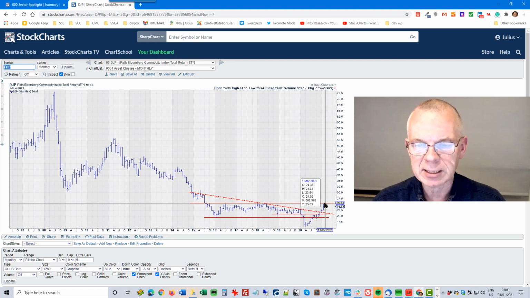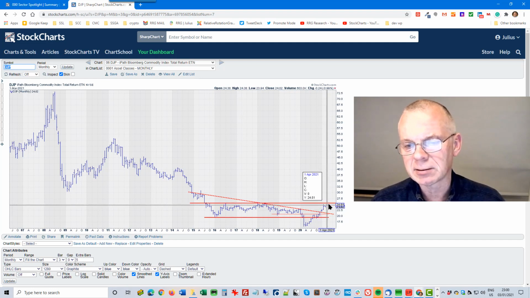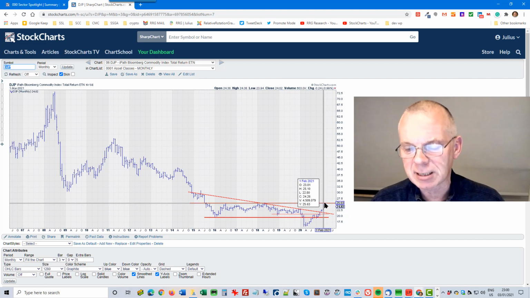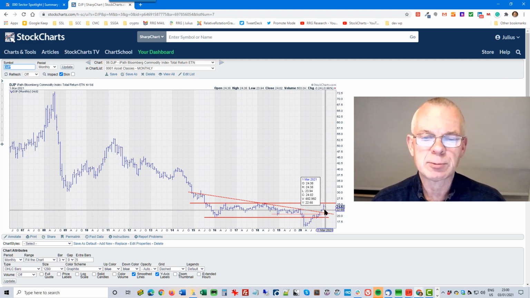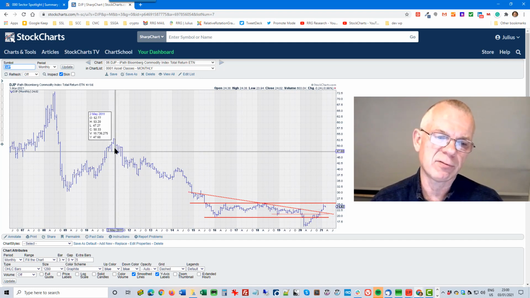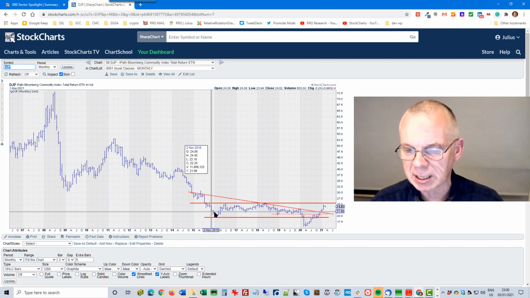I do think that this overhead resistance level here is probably too heavy to take out immediately, but it does mean that the declines should now be seen as buying opportunities, whereas for a very long time all the rallies should have been seen as selling opportunities.